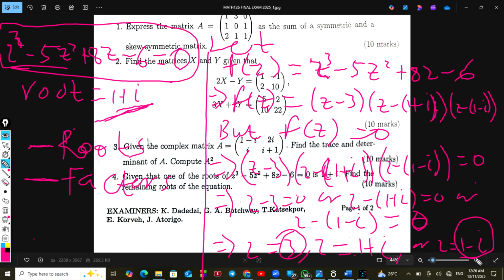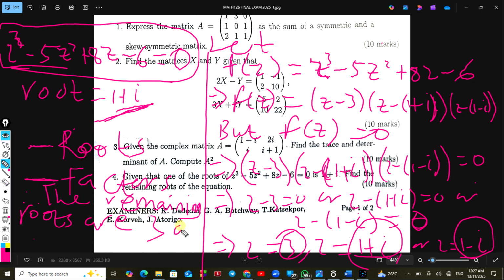We've been given 1 plus i. 1 plus i has been given to us. So we will conclude by saying, therefore, the remaining roots are 3 and 1 minus i.